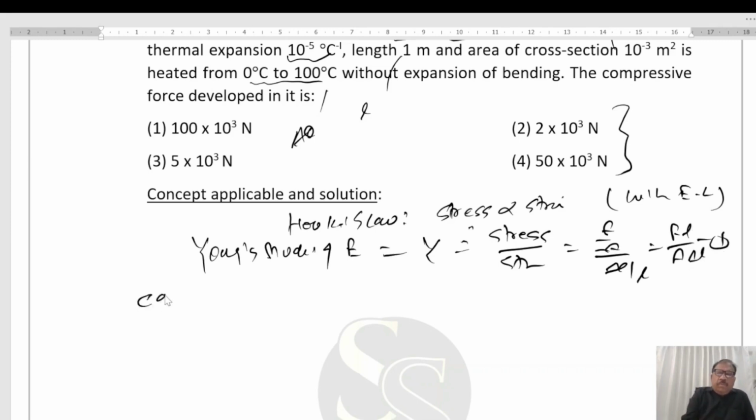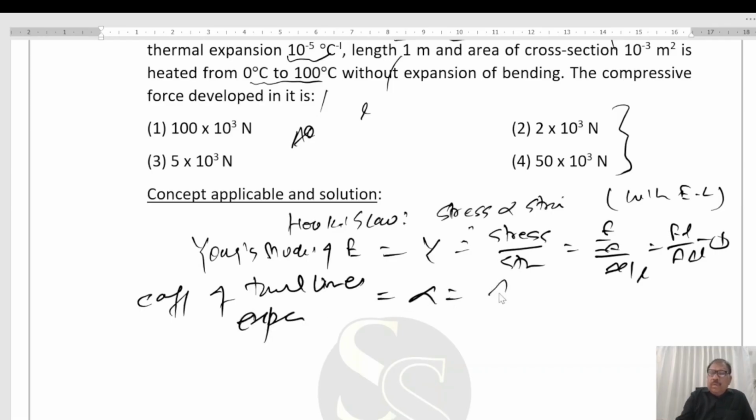And coefficient of linear thermal expansion, alpha equals delta L upon L into delta theta, equation 2.